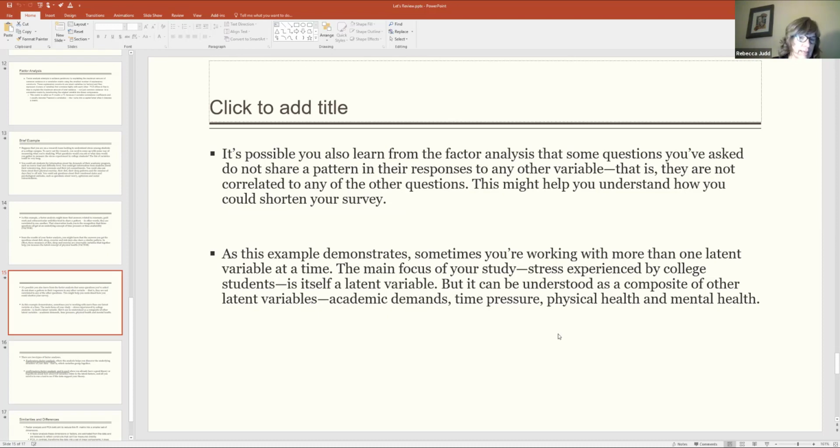What factor analysis, or principal component analysis, does is bring down the questions we have to ask to measure that latent variable. With our physical health, we can measure our sleep patterns, our dietary patterns, our blood pressure, whatever that looks like.